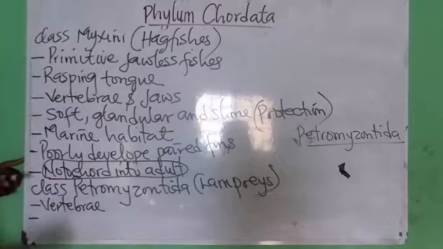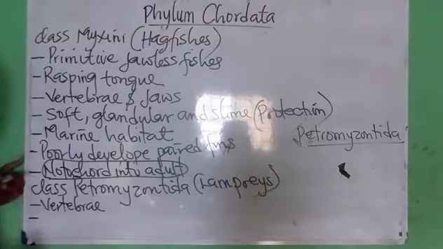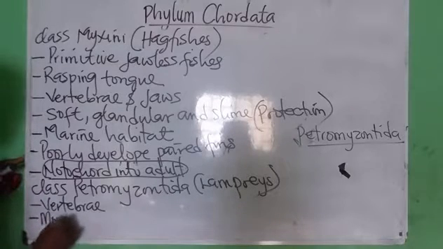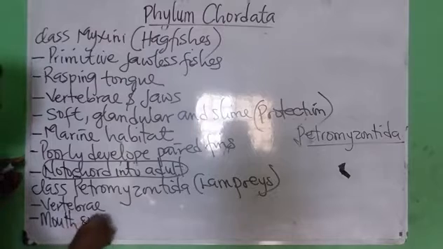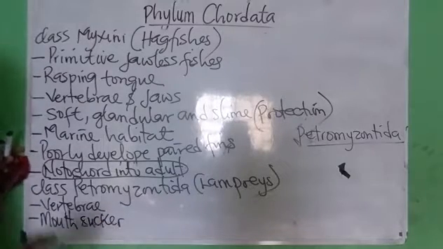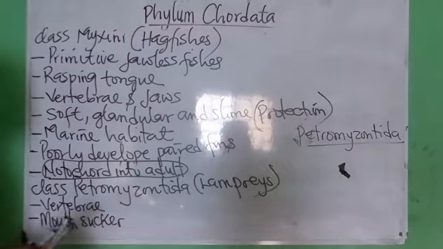The adult stage, which means that even in the adult stage, notochord is present. Please also take note that these guys, their mouths is like sucker. All right, they have sucking mouth parts. Their mouths is like a sucker. Please take note of that. It is very, very important.